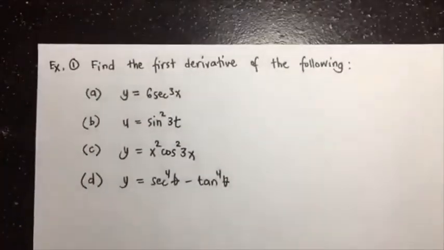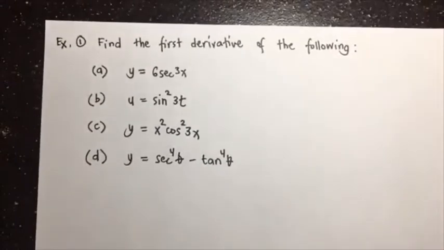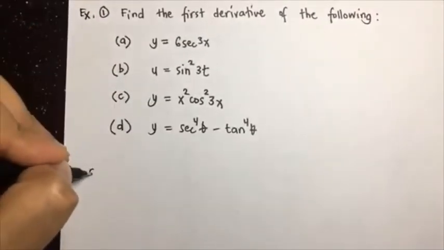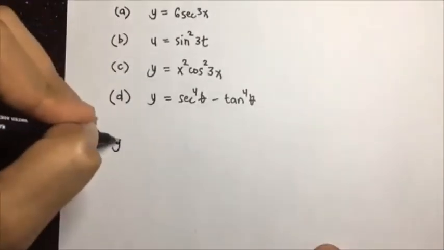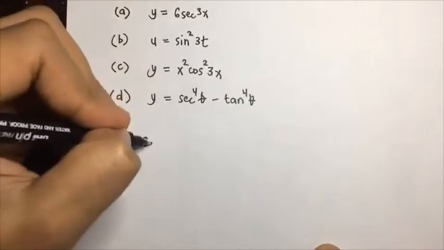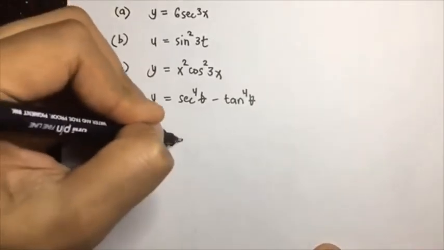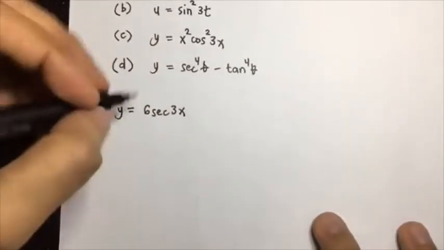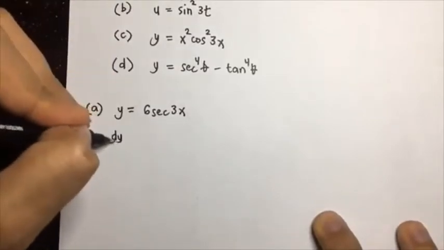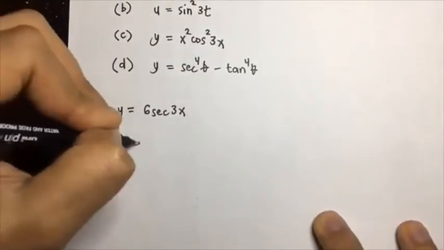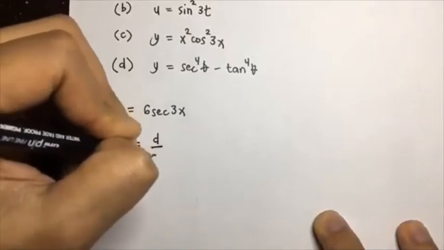Let's have some examples on the applications of those formulas. Find the first derivative of the following. For letter A, we have y is equal to 6 secant of 3x. In finding dy over dx, we must differentiate 6 secant 3x with respect to x.